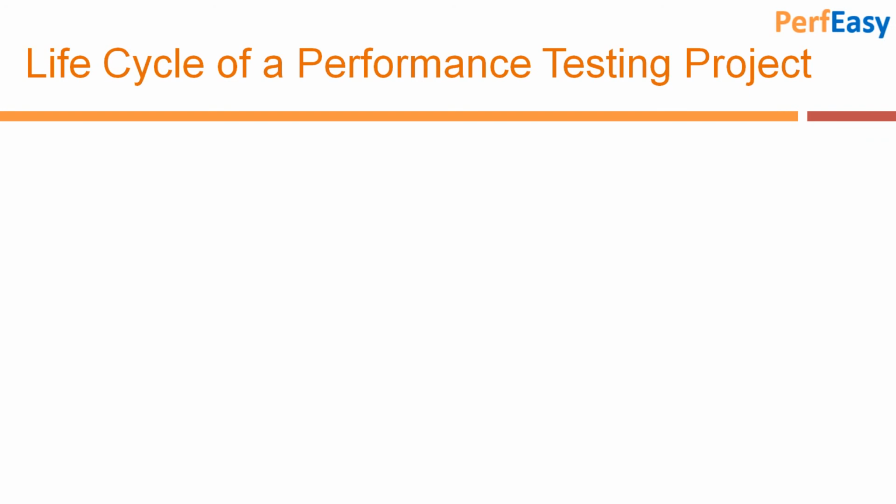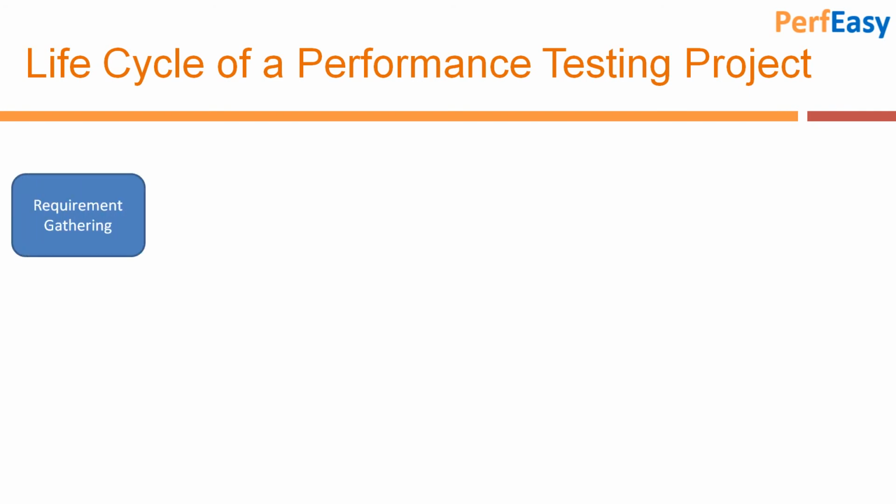Let's move to the topic that we are going to talk about today. So first is the life cycle of a performance testing project. We are going to get into a quick brief about the performance testing project.